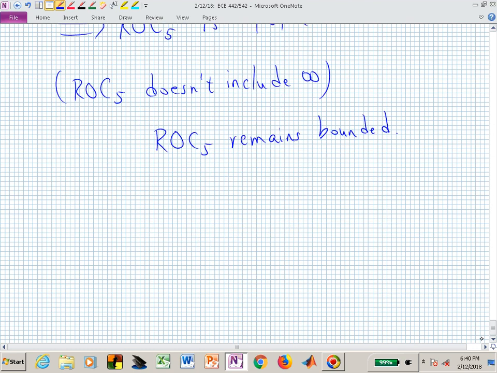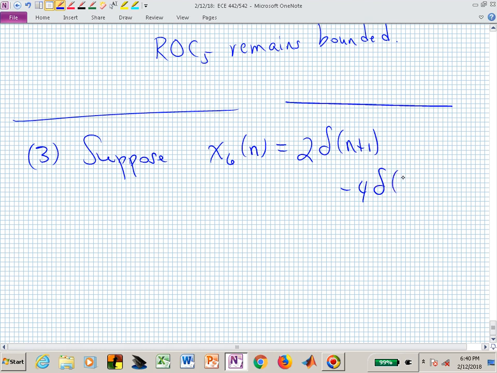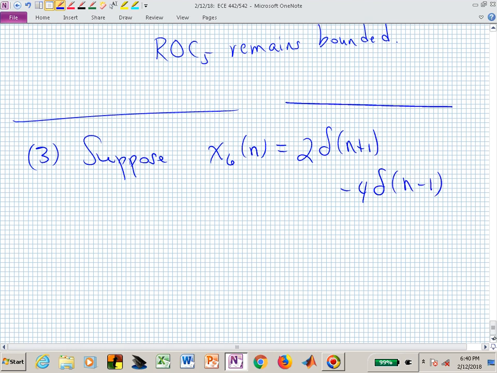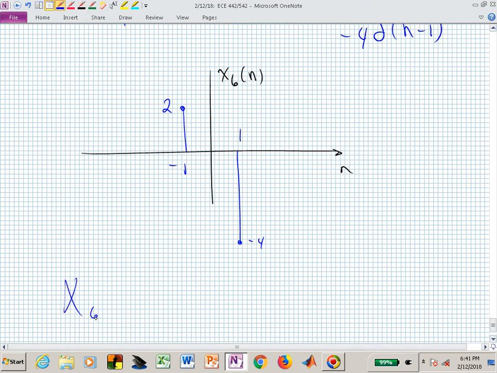One more. Suppose x sub 6 of n is equal to 2 delta of n plus 1 minus 4 delta of n minus 1. What's capital X sub 6 of z?